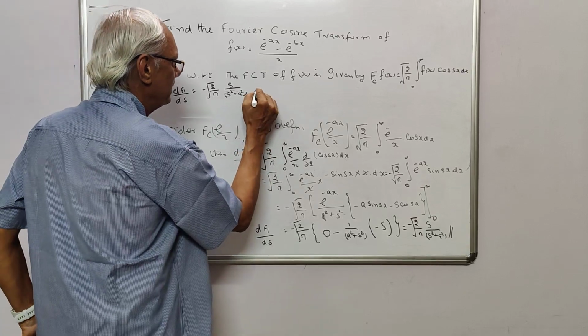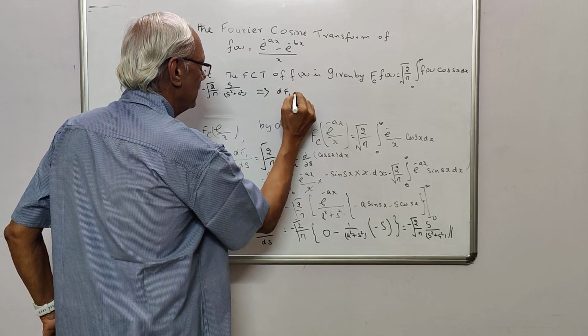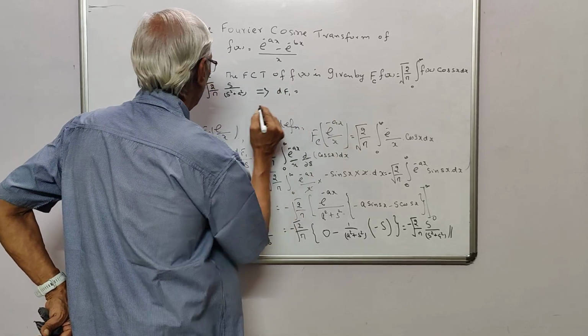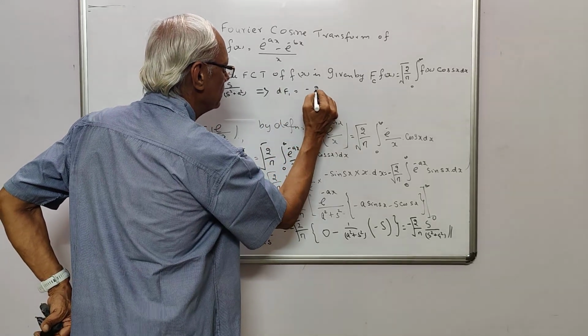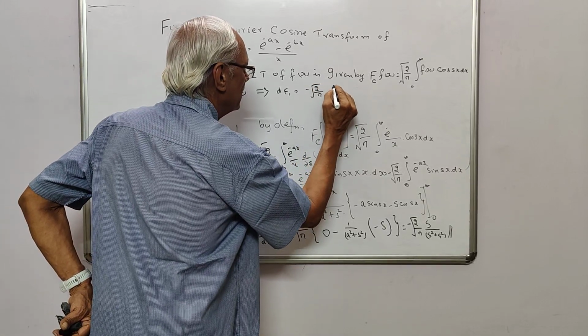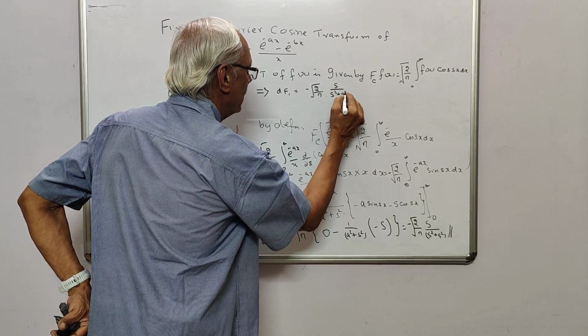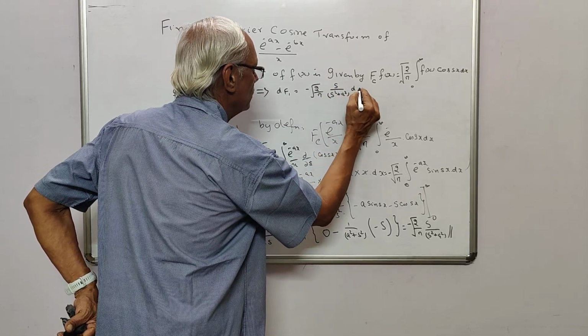So this implies df1 is equal to minus 2 by pi square root of this, then s by s squared plus a squared into ds.